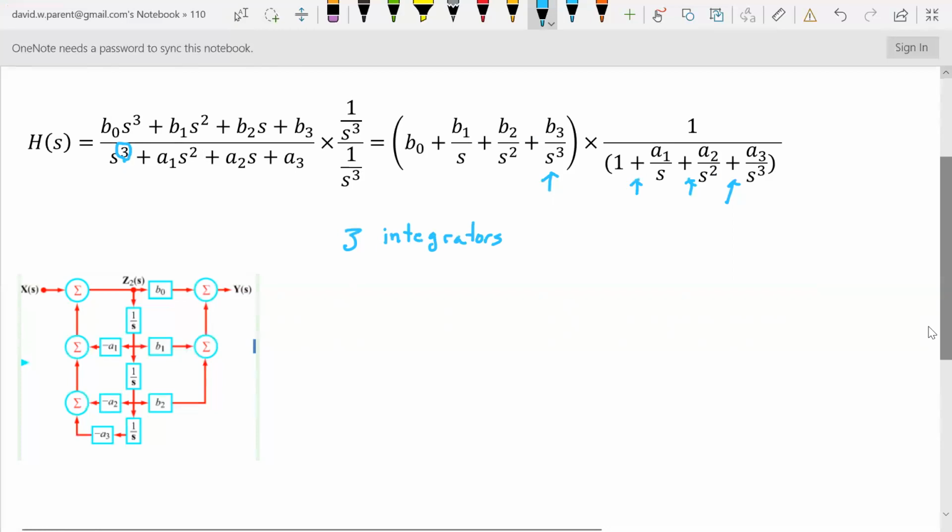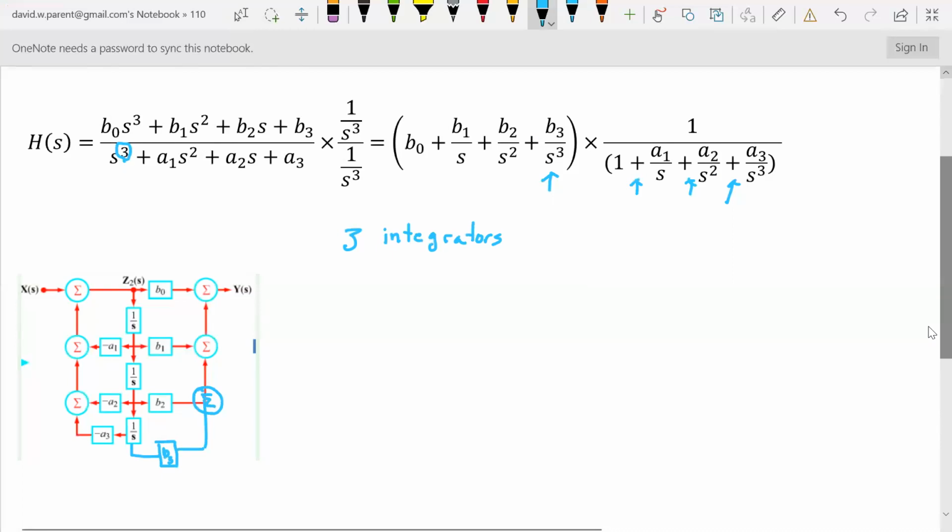So when we're adding b0, b1, and b2, right? 1, 2, 3, 4 things to add, and in this example what's missing is b3, because in the book they're doing a specific example where I'm trying to keep it more generic.